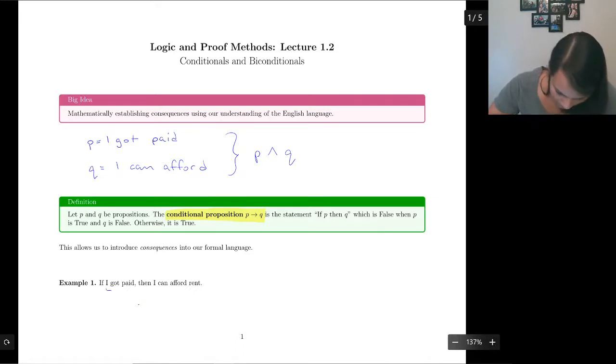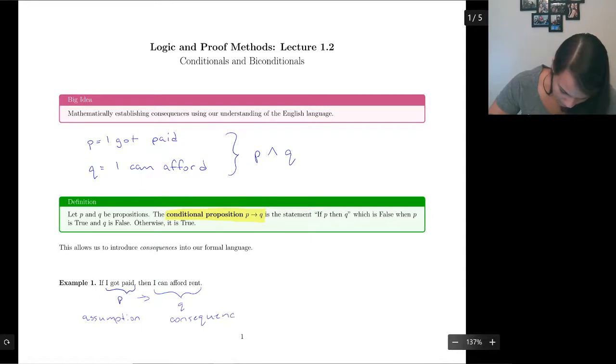Now I can say, if I got paid, this would be P, and this would be our assumption, then I can afford rent. This would be the consequence.